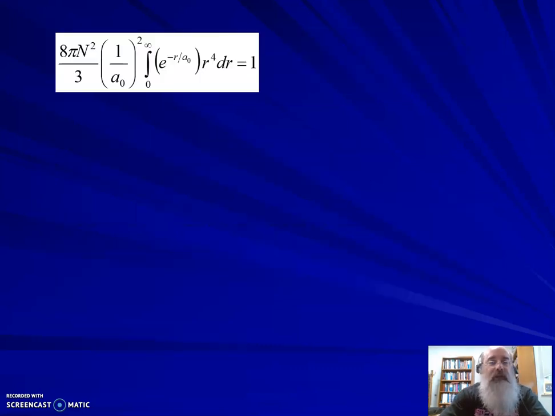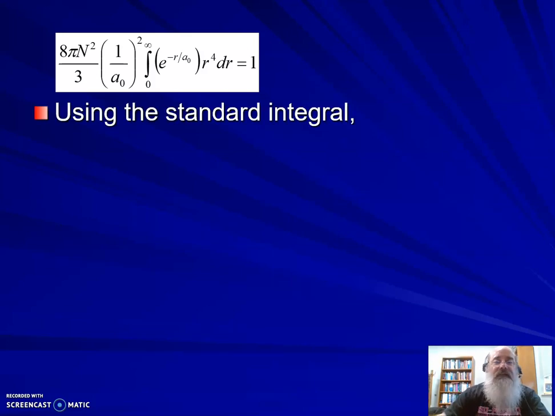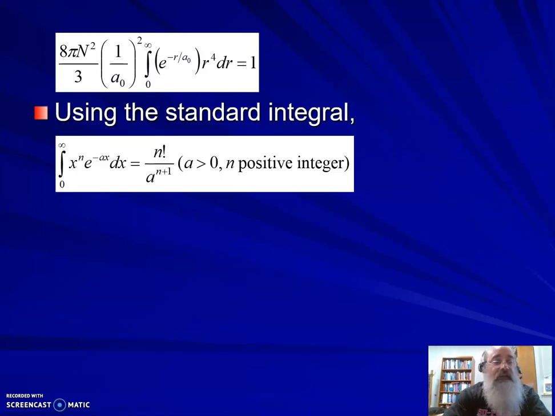So here's our equation again. We have a standard integral for that as well. This is one again that I just took from Wikipedia: from 0 to infinity of x to the n times e to the negative ax is just n factorial over a to the n plus 1, where a has to be greater than 0 and n has to be a positive integer.